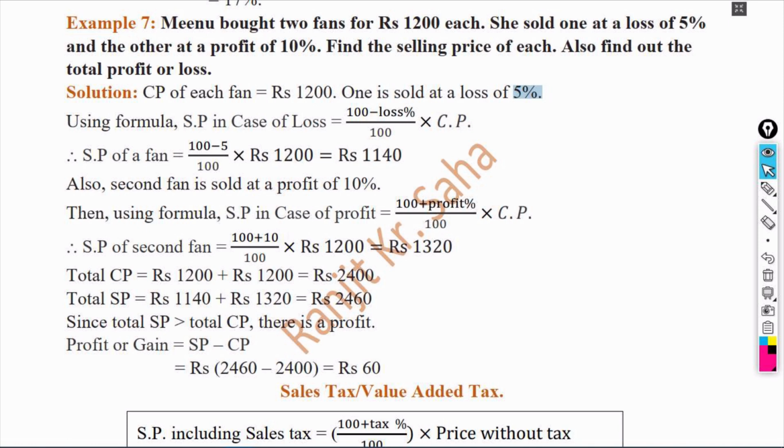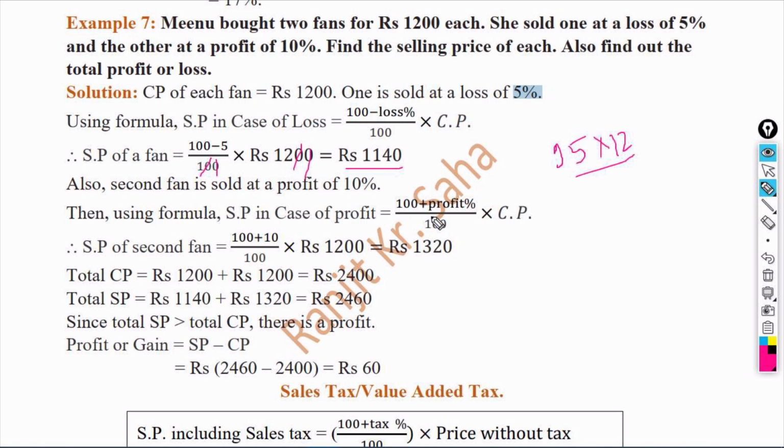Let us calculate SP for the fan. Now 100 minus 5 is 95 by 100. You can cancel 2 zeros here. After cancelling, you have 95 multiplied by 12. And 95 multiplied by 12 is rupees 1140.